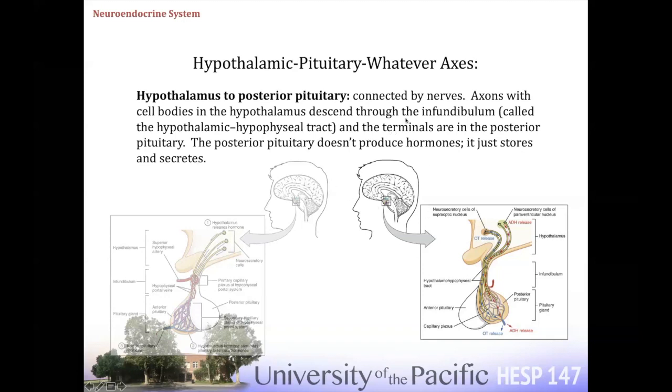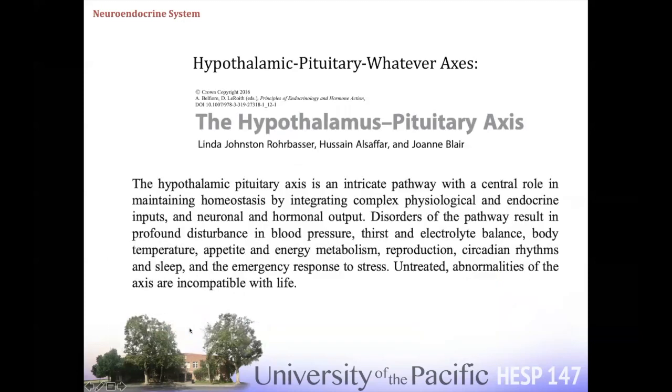The stuff the posterior pituitary releases, oxytocin, vasopressin, is made in the hypothalamus and released in the pituitary. In the anterior pituitary, it is different. It is hormones going through the blood, through that little vascular tract, and then into the pituitary to tell it what to make, so it makes new things.